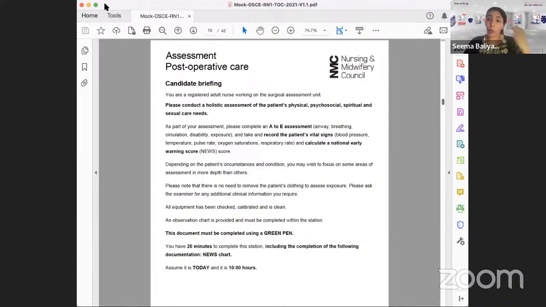Fine. So we had discussed yesterday that there are 2 types of scenarios which you can get. Either there can be an in-hospital scenario, or it can be a community scenario.